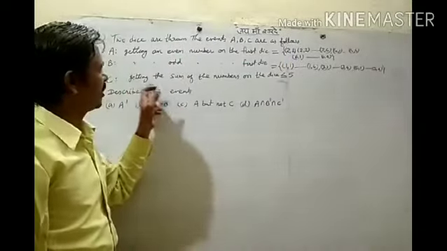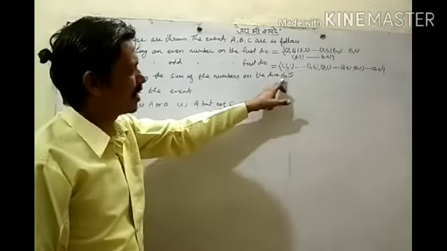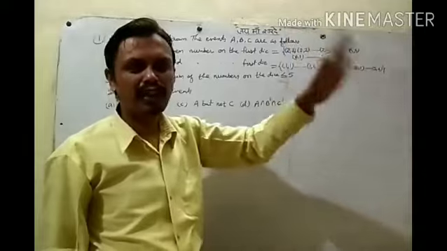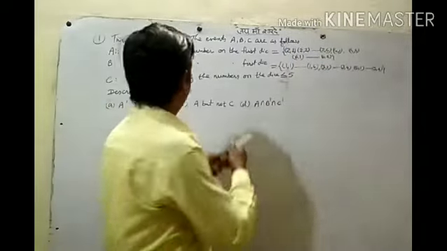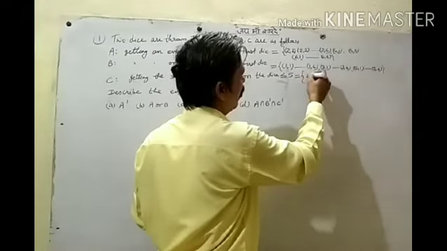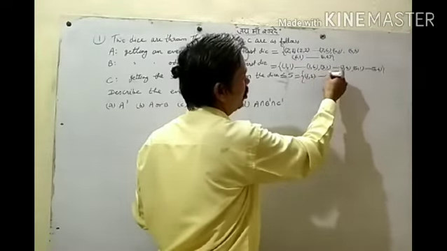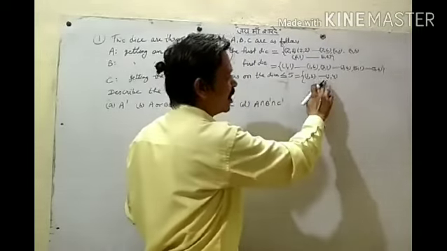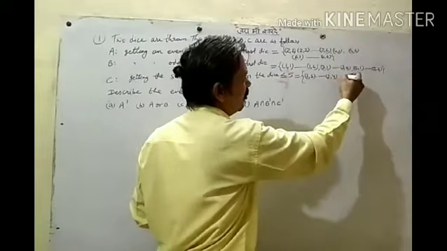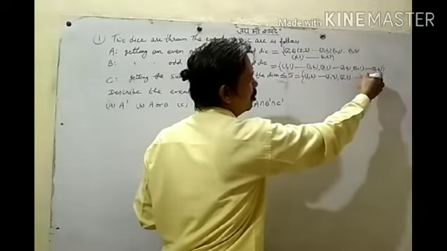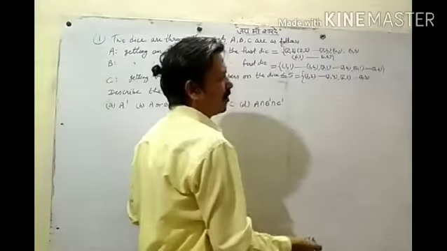Now, event C is getting the sum of the numbers on the dice less than or equal to 5. If we add these numbers, the sum should be either 5 or less than 5. So this event contains sample points 1,1, 1,2, 1,3, 1,4, which give a sum of either 5 or less than 5. Then if the first die shows 2, then 2,1, 2,2, 2,3 give 5 or less than 5.